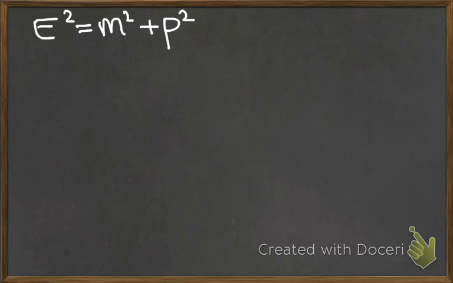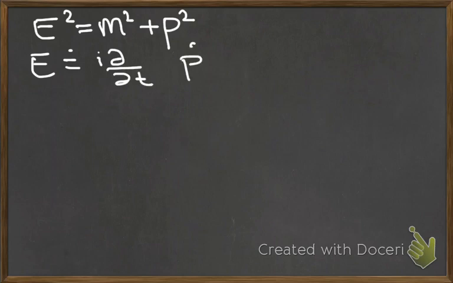Now, from here, we're going to simply quantize this relation by putting the operator value of E and of the momentum. And I know that my E from last slide is represented as i partial over partial t, and my momentum is represented as negative i gradient, right?